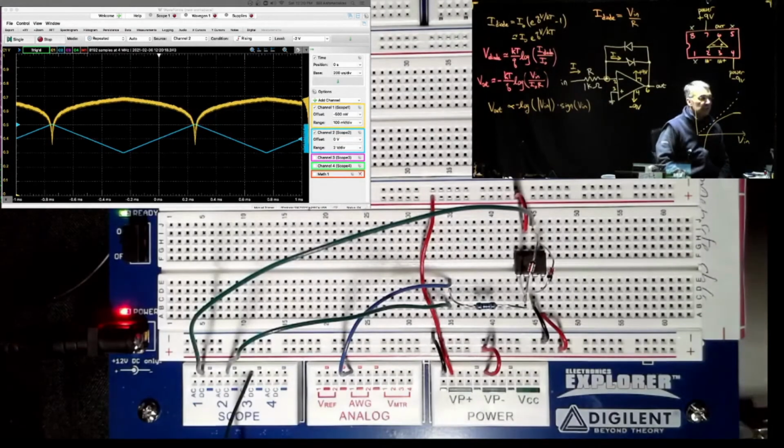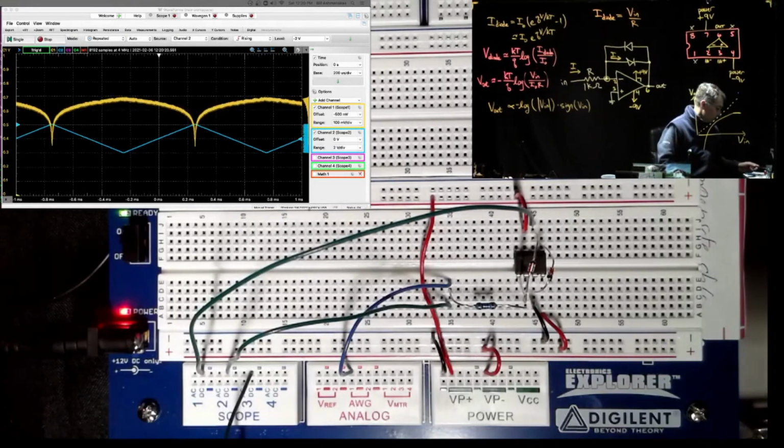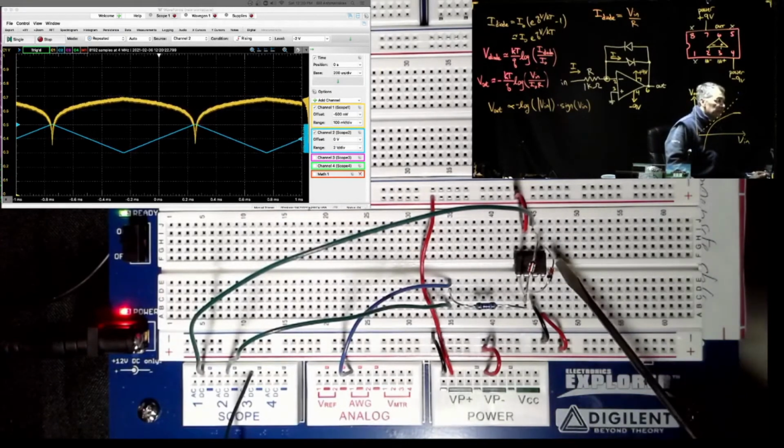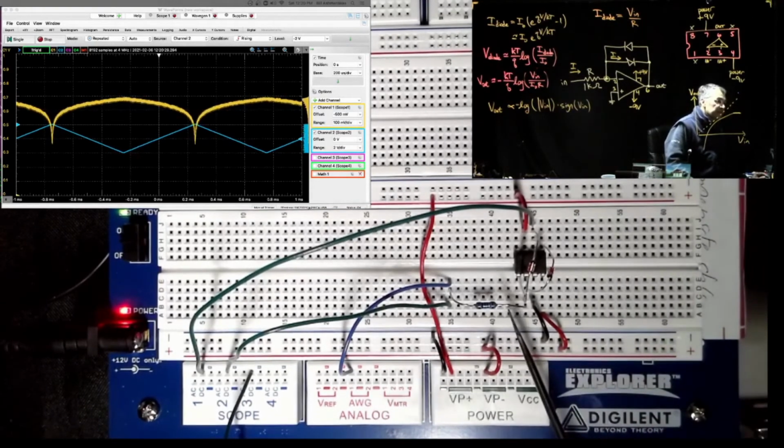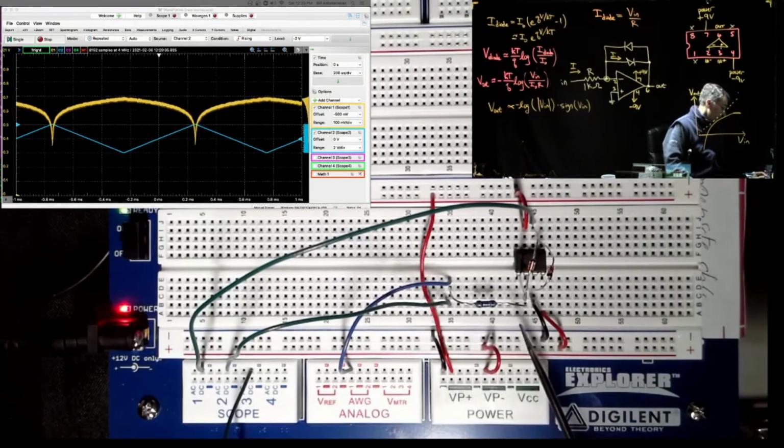So here is what the circuit looks like on the breadboard. Here is our op-amp, and it's a little hard to see, but pin 1 on the bottom left is not connected. Pin 2 next to it is the inverting input, so that's where most of the action is.